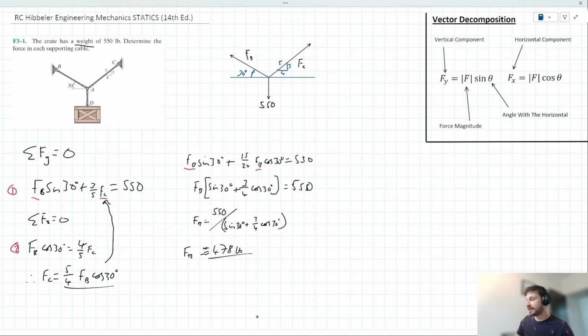Now, conveniently, as is often the case with the substitution method, we can solve for FC just by substituting that value for FB in there.